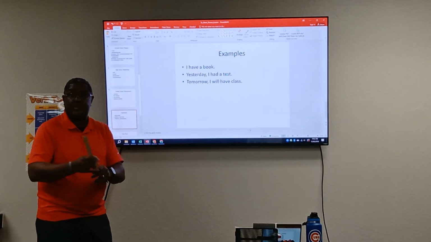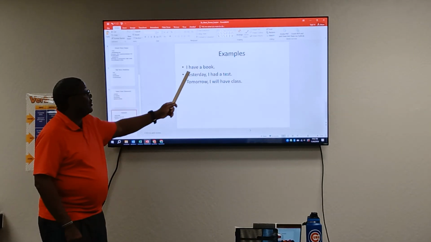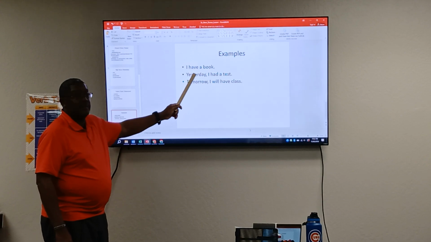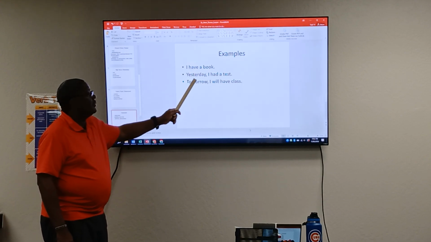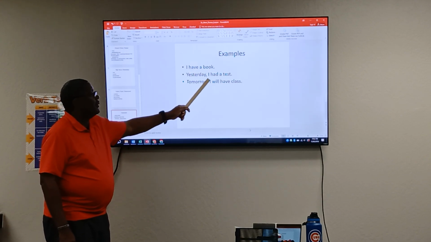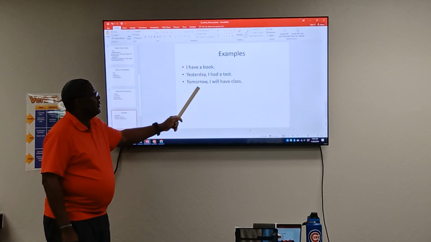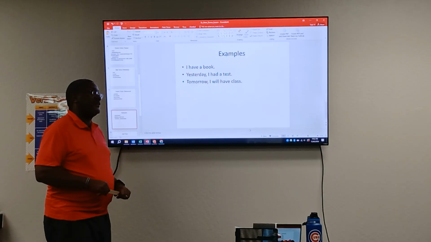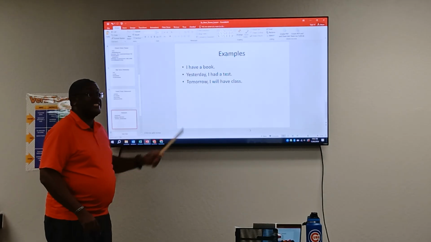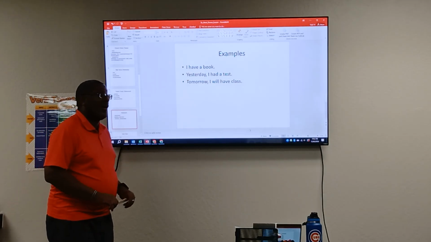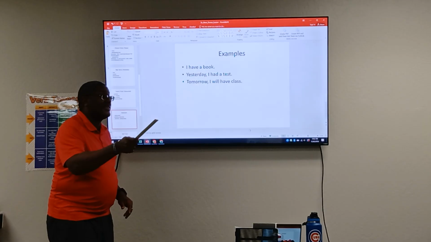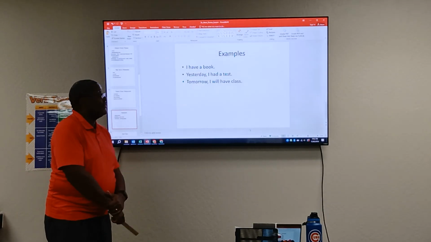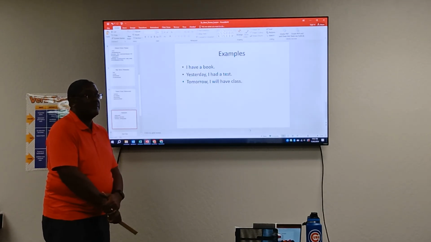Here are some examples. Read that. I have a book. And yesterday I had a test. Tomorrow I will have class. Quick question. Which one of these sentences is the future tense of the verb "to have"? Tomorrow we will have class. Good. Which one is the present tense?